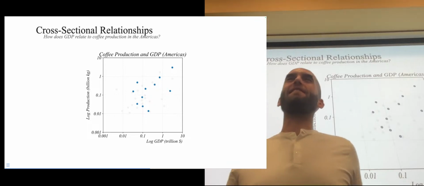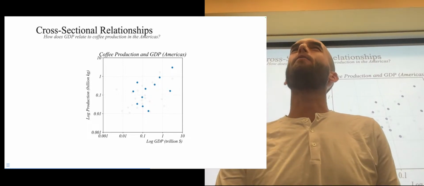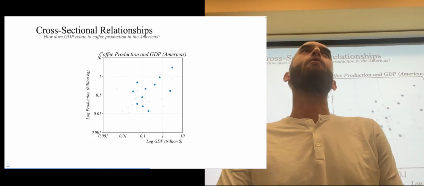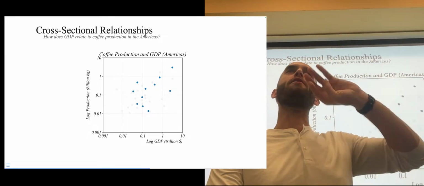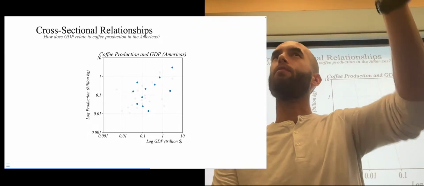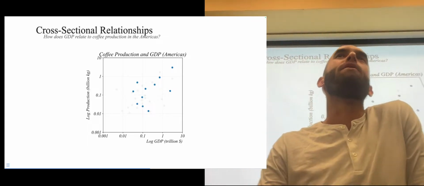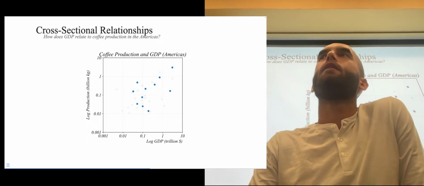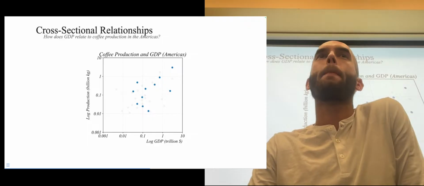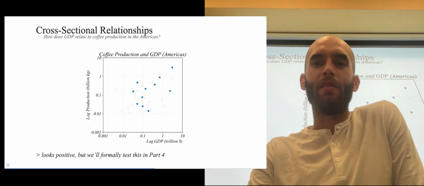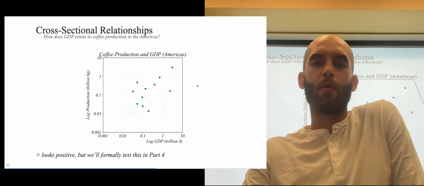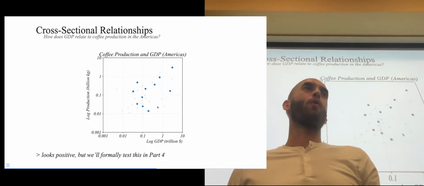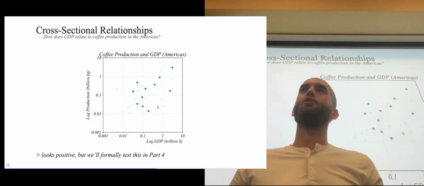And we can see relationships between the variables of a subset. And we've done this through filtering. So this is just to give you a picture of what we're going to be working with in part 2, some of these kinds of operations on data. Okay, and it looks like there's a relationship here, but we're going to formally test these kinds of relationships in part 4.